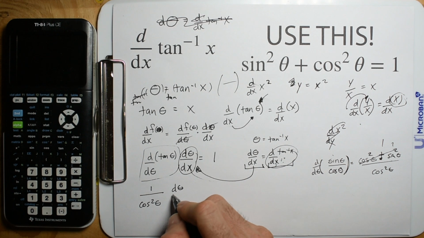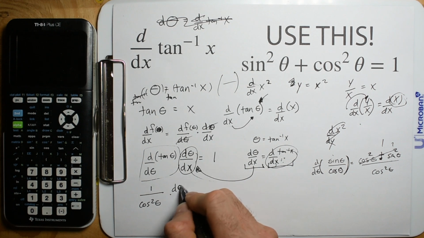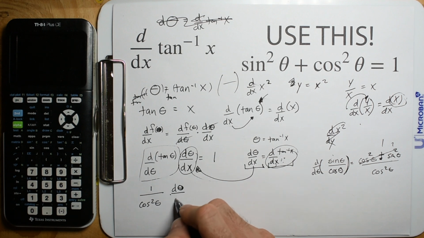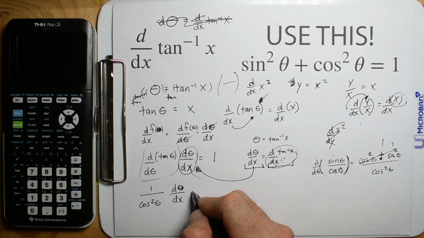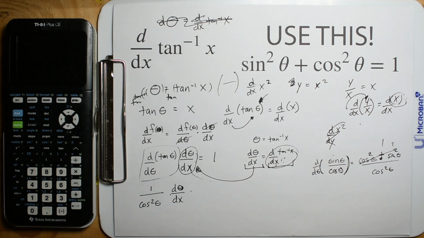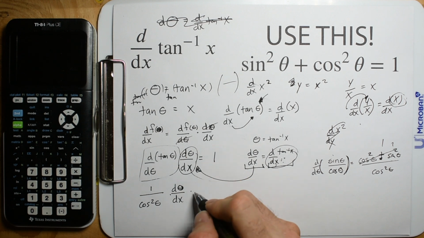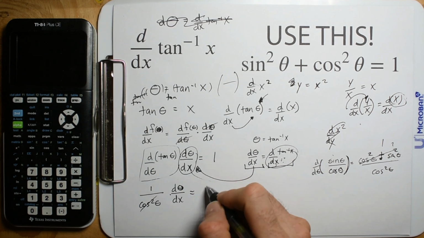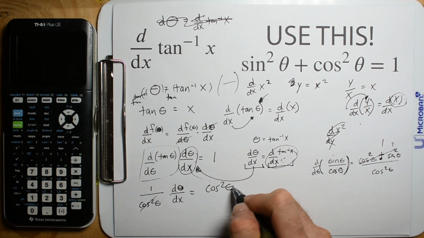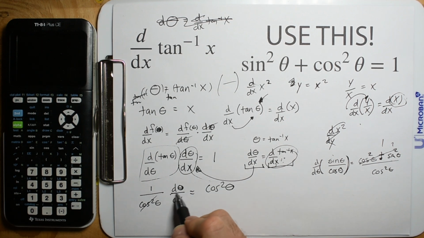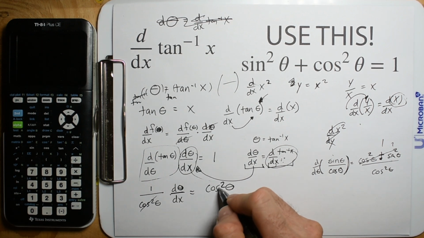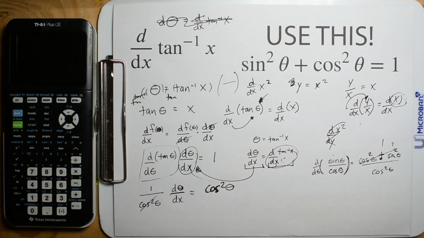d theta dx is equal to 1. And man, I feel like I've already messed up something. But anyway, I'm just going to take this over here. And now we just have to figure out, oh man, I probably really messed this up.